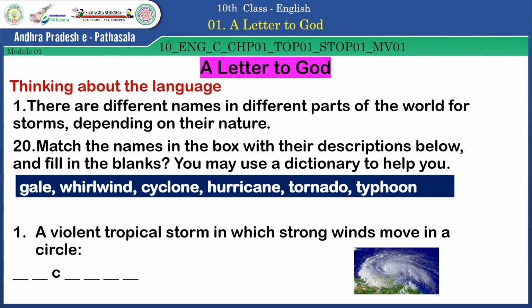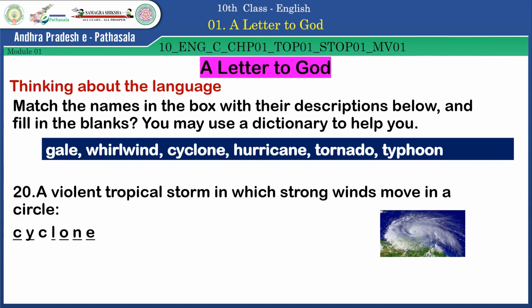So, first question. A violent tropical storm in which strong winds move in a circle. So, what's the right answer? The right answer is cyclone. A violent tropical storm in which strong winds move in a circle is a cyclone.